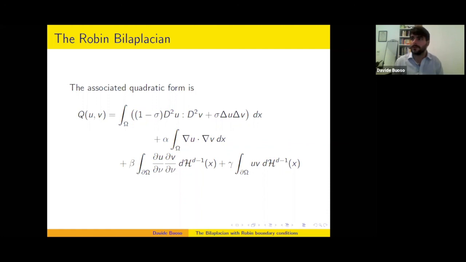When I first was thinking about this problem, I was thinking of a problem where, instead of the normal derivative, you have the gradient.